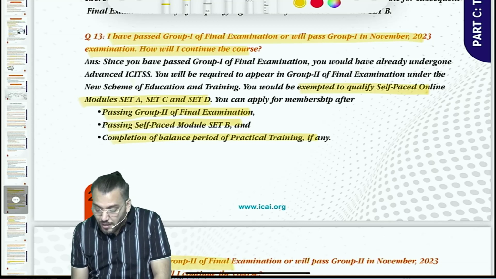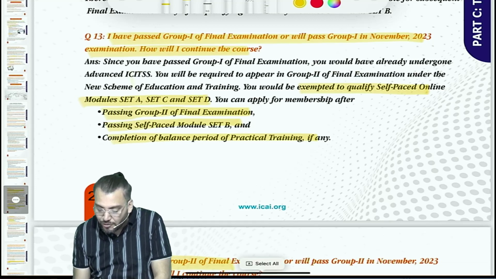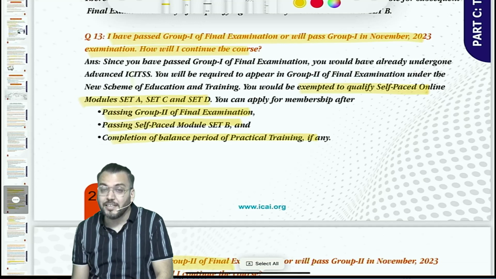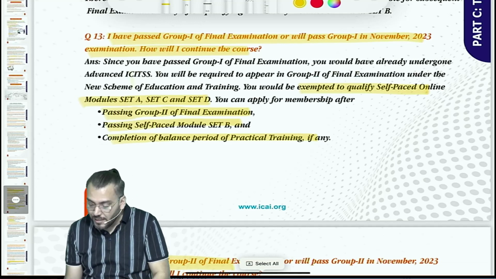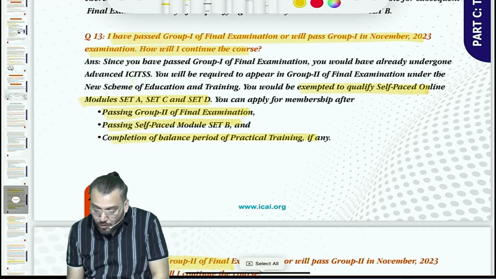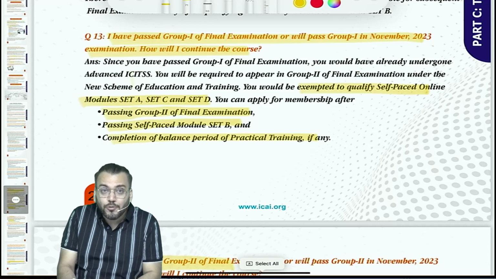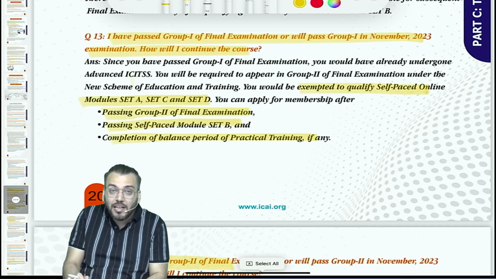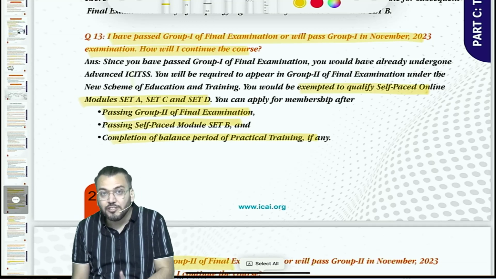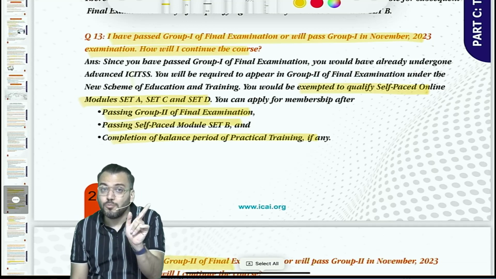You will be required to appear for group 2 of the final examination under the new scheme of education and training. You would be exempted from self-paced online modules set A, set C and set D. You are not supposed to write the self-paced online examination of set A, economic law, because in group 1 you have already written and passed the law examination.